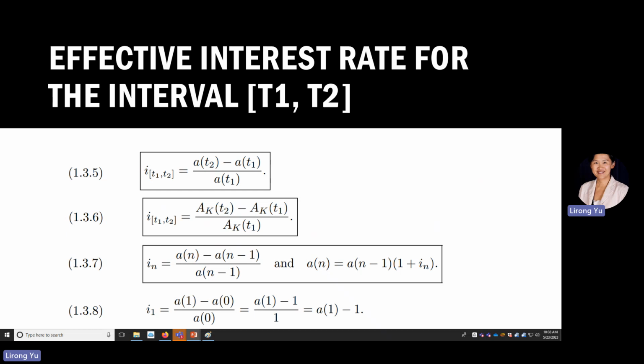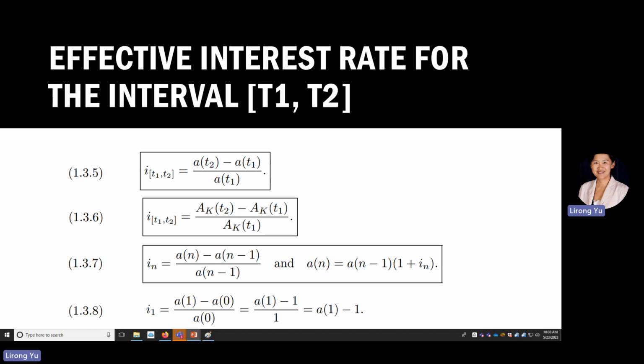And that's why we have n minus 1 as a present time and n as a future time. So anyway, I_n, which is formula 1.3.7, is the same as 1.3.5, except we're using time represented with integers n and n minus 1.